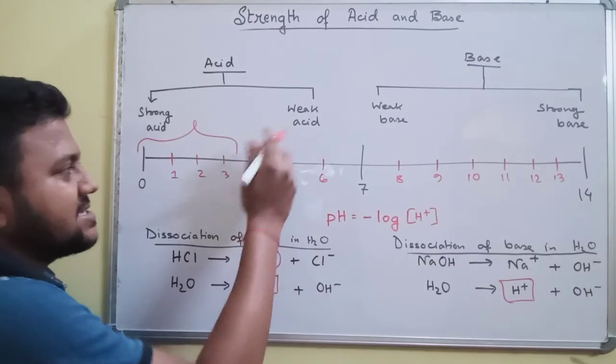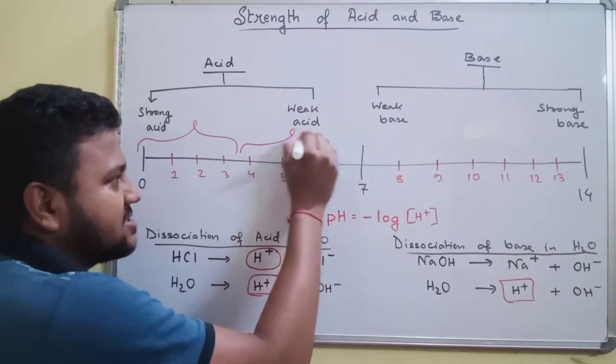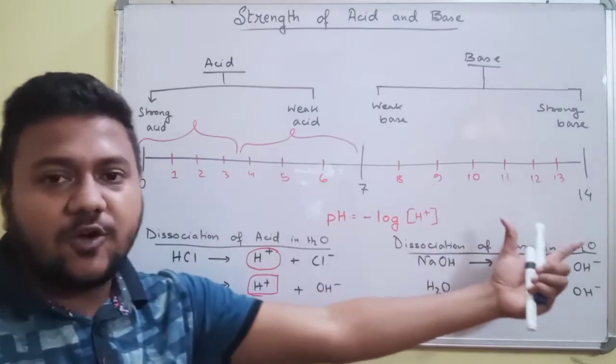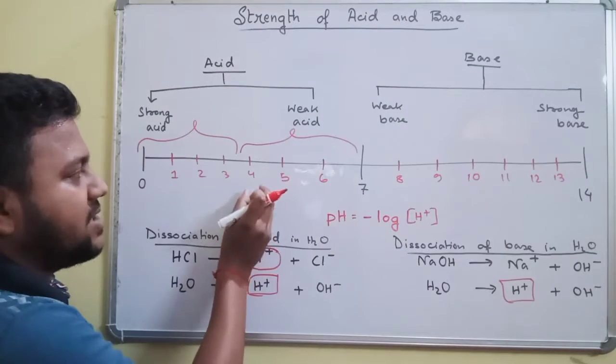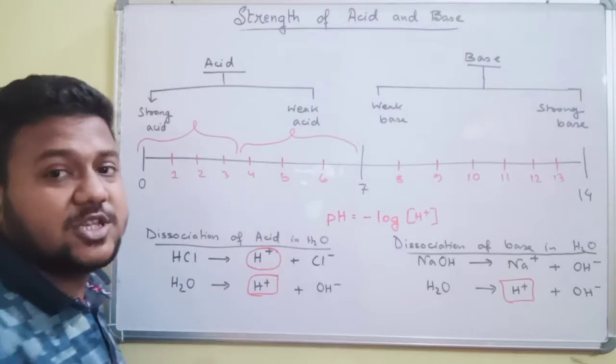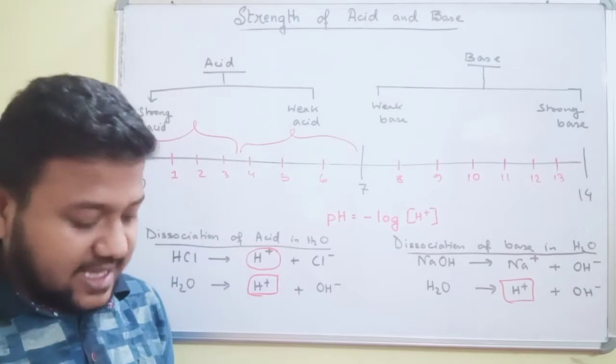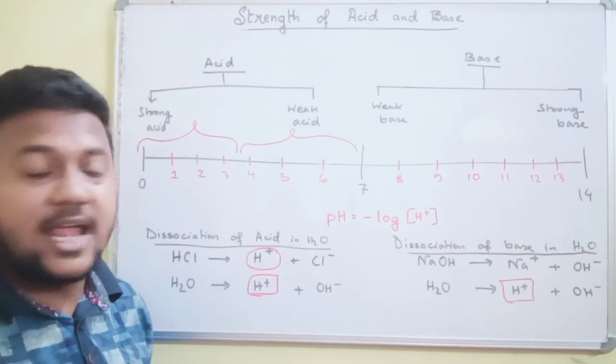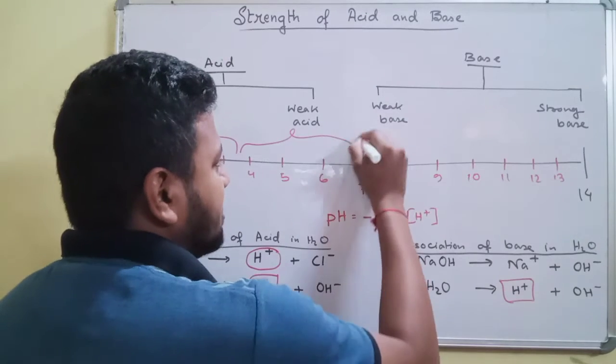Then we have weak acids. They also have a hydrogen ion concentration considerably greater than that of bases and will have a pH from 3.5 to 6.9.